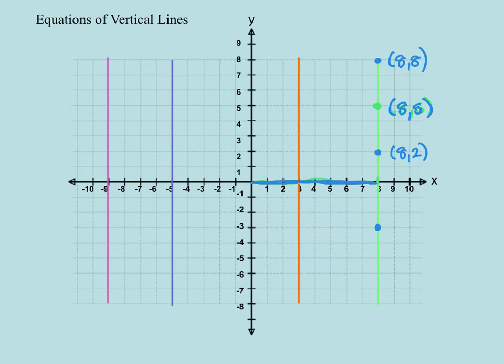So along 8 and down to -3. Maybe one more. Along 8 and down to -6. You might want to pause the recording at this point. There's something that all of those coordinates have that is the same.